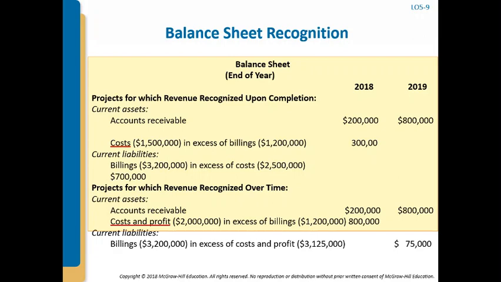It's really more about revenue recognized on projects over time. And if you recall, they had billed 1.2 million, but they received 1 million by the end of the year. So the difference is what you see here in accounts receivable.